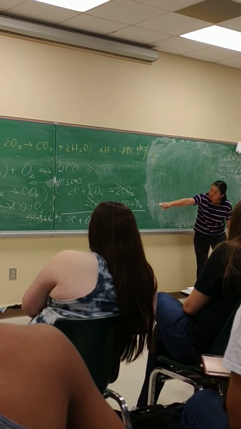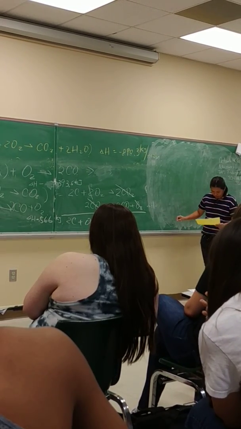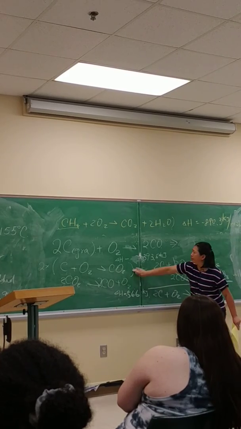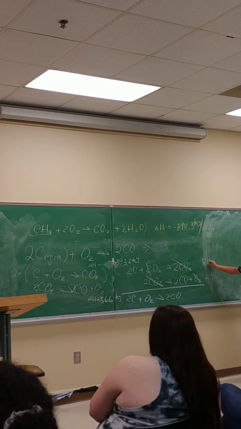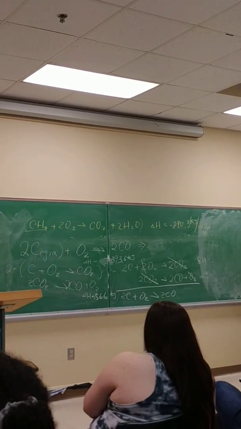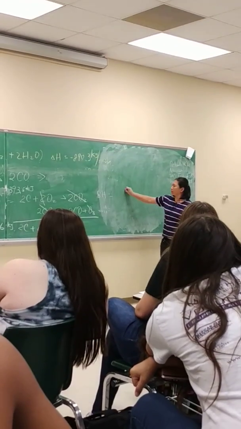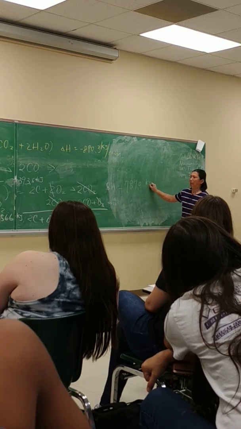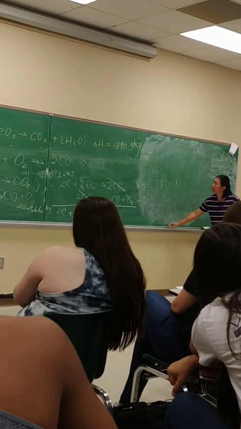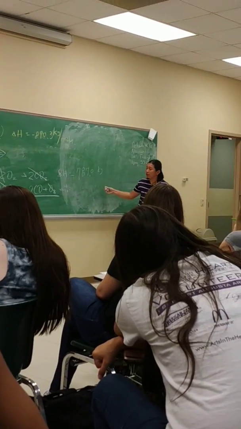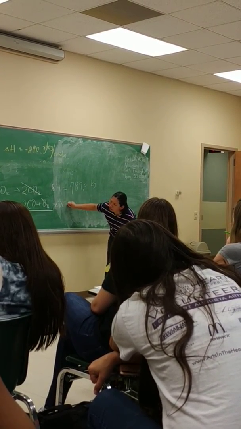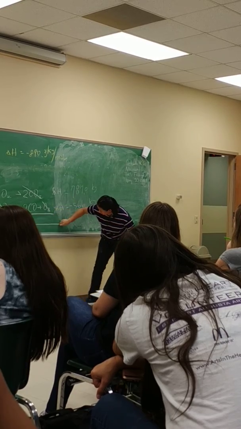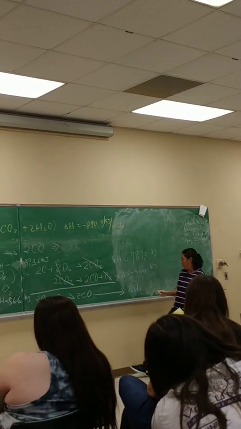No, this, the bottom one, oh no, sorry, is the top, I'm sorry. 393 times 2. 787? What? 787? And this was 566 kilojoule.